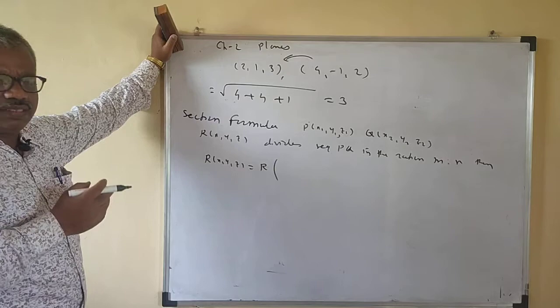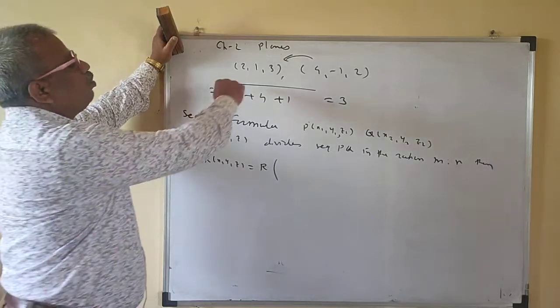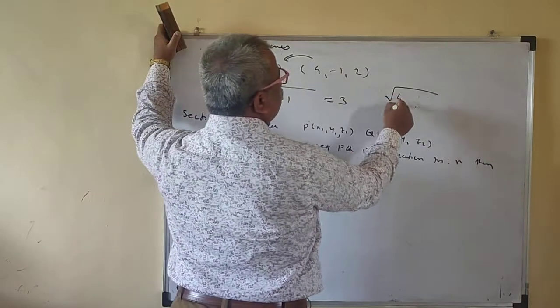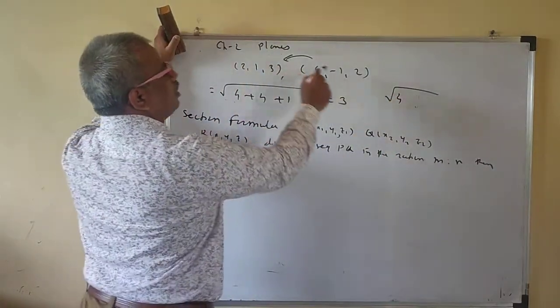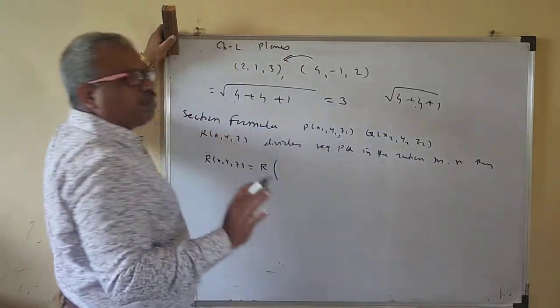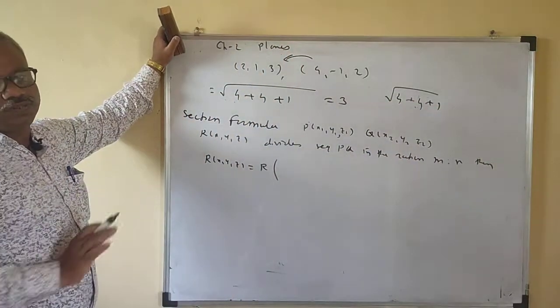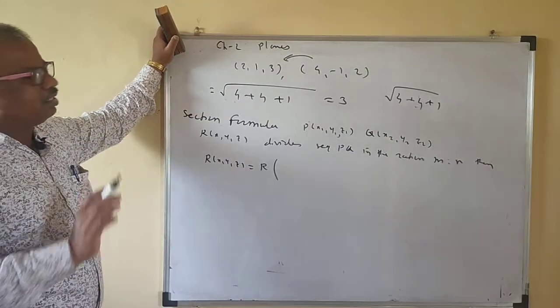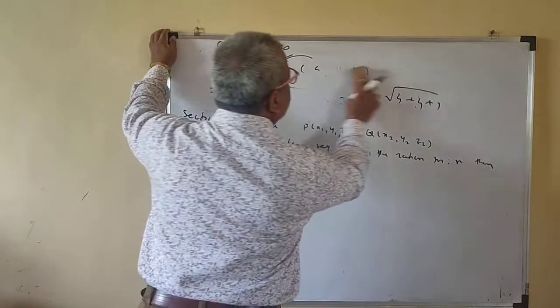If you subtract the other way around, 2 minus 4 is minus 2, squared is 4, again 4, and 3 minus 2 is 1, so again 1. It doesn't matter whether you subtract this from this or this from this, but use one way consistently, and you will get the distance between the 2 points.